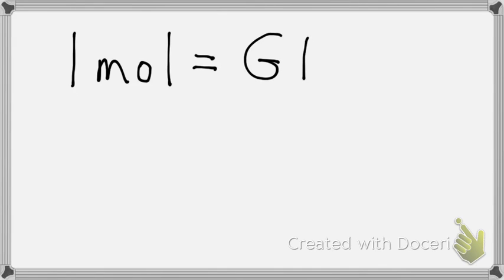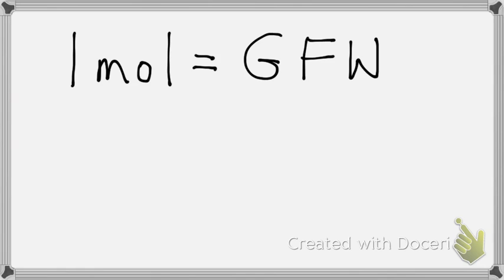So last week we talked about this M line, conversion factors for the mole. So we know that a mole of substance is equal to the gram formula weight.